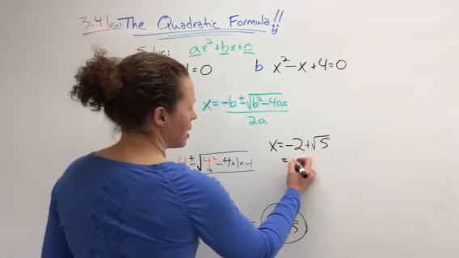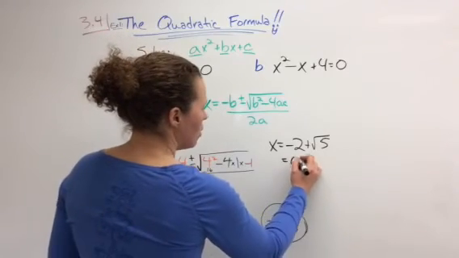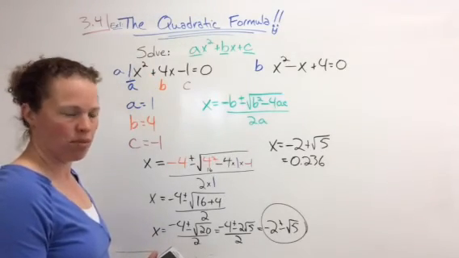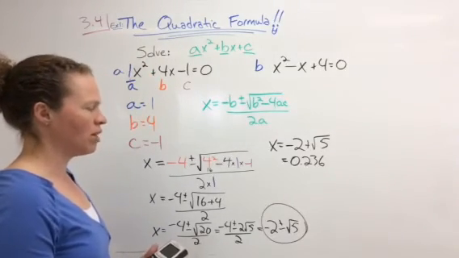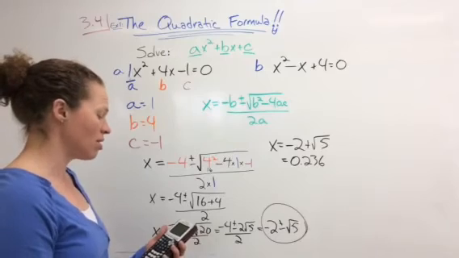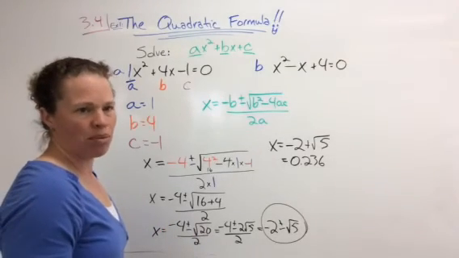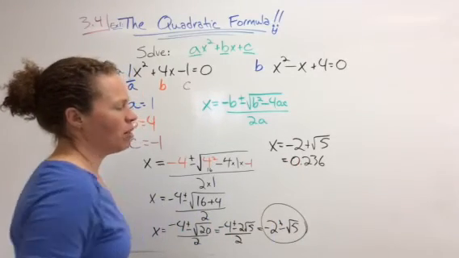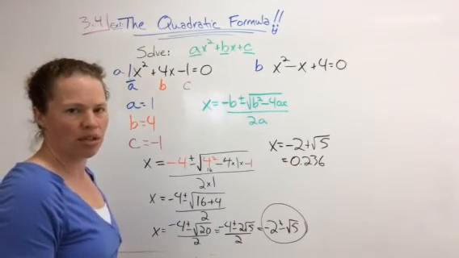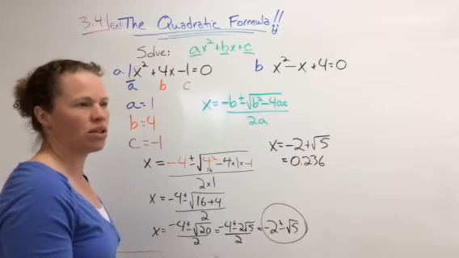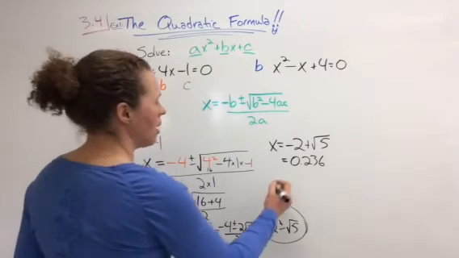So you can write it like that, or if they actually want you to solve it out into decimal form, then you're obviously going to have to round off, because this is actually 0.23606797775. That's why we lose value when we do this. But once in a while in your book, they want the value rounded off, and they'll usually tell you to the nearest hundredth or the nearest thousandth, something like that.